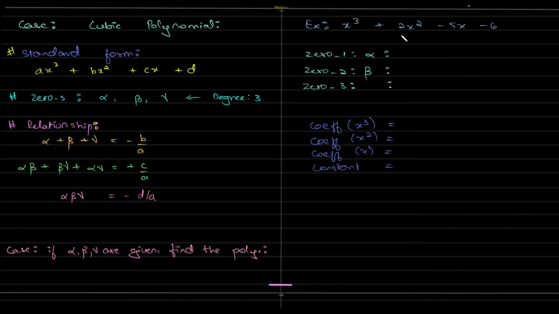So now we are looking at alpha, beta and gamma, the 3 zeros, right? So let's find out the zeros using our graph, right? Let's generate a graph. So we're looking at 1x cube plus 2x square minus 5x minus 6.